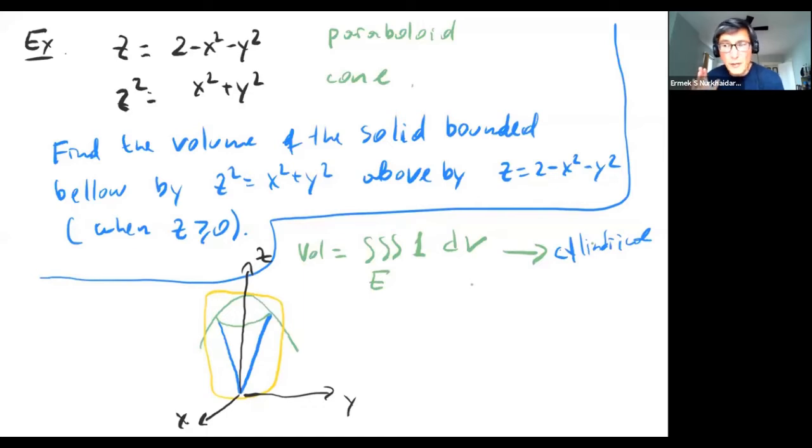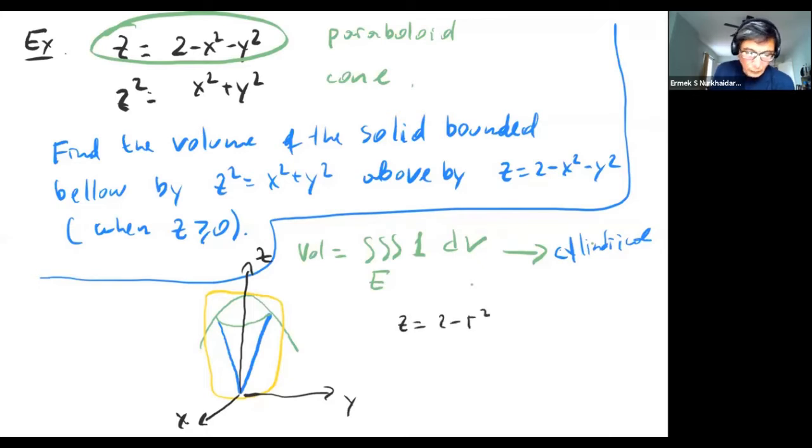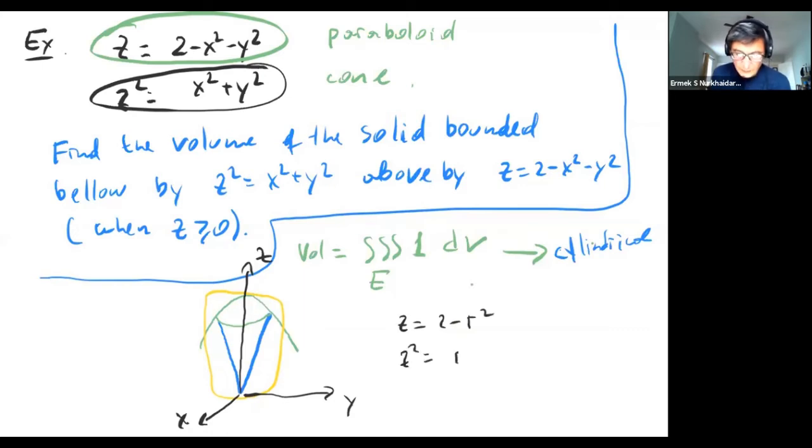In cylindrical, remember x squared plus y squared is r squared. So the paraboloid becomes z equals 2 minus r squared. The cone becomes z squared equals r squared, so z equals r, and we assume that's greater than or equal to 0. Now we can see the limits for z.